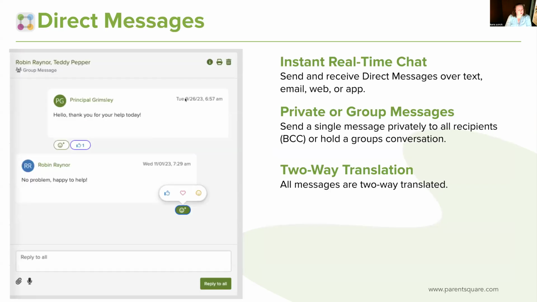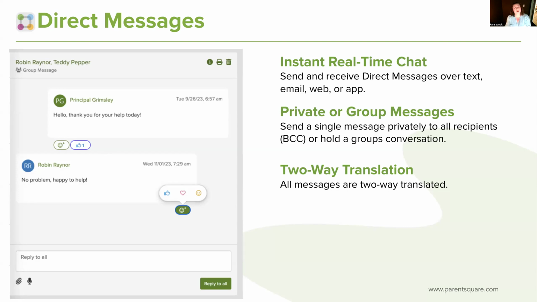I also talked about direct messages. This is that two-way live communication. You can send and receive direct messages over text, email, web, or chat. So, for example, maybe I am a teacher and I want to contact a family, sorry, my screen is acting funny, and there's some kind of issue with a student, and I want to bring the counselor in on that conversation.